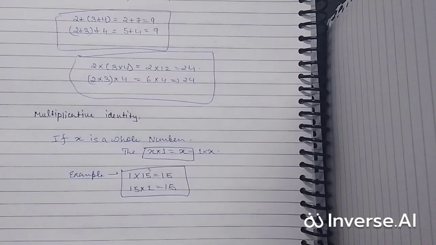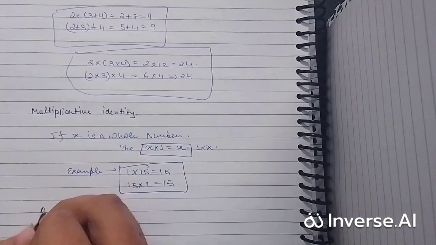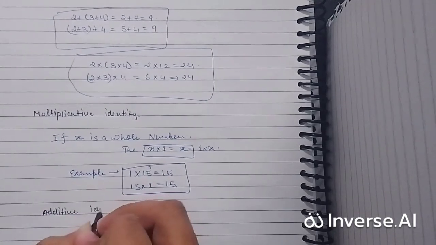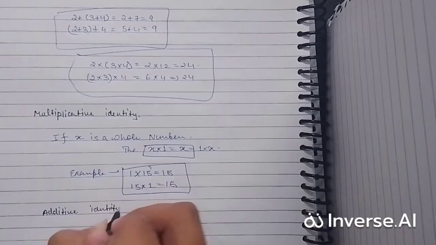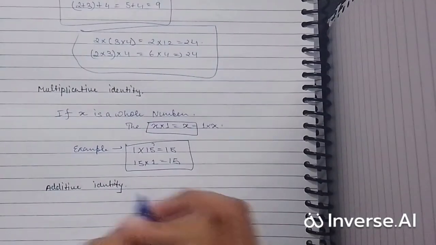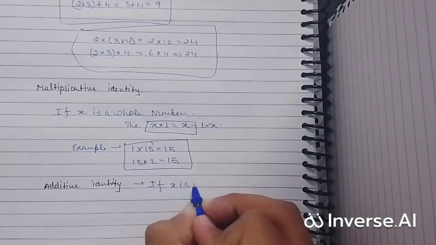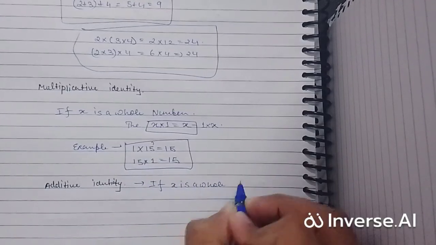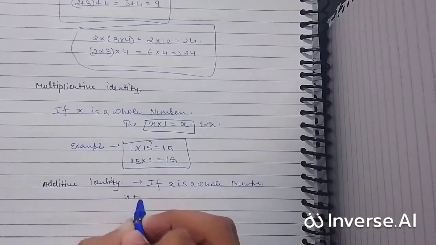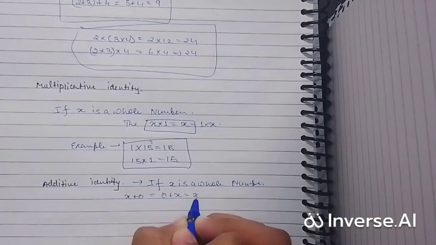Now we have the additive identity. If x is a whole number, then x + 0 = 0 + x = x.